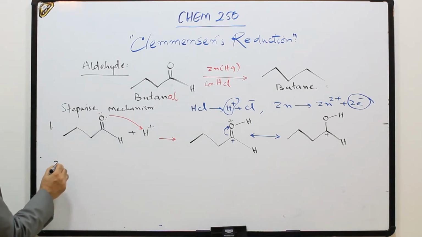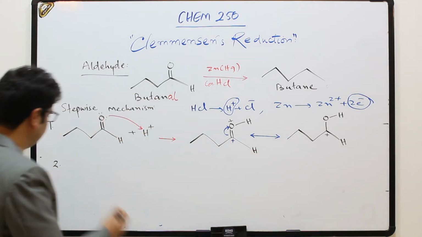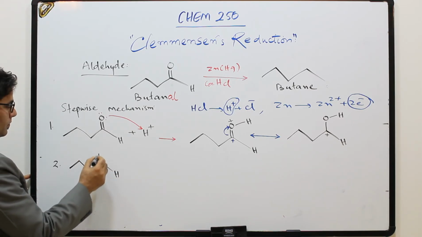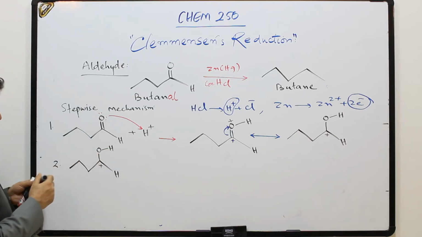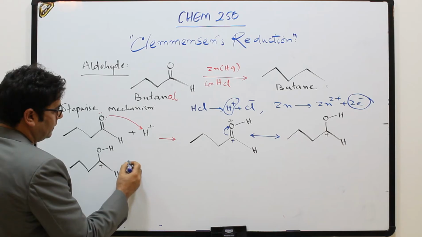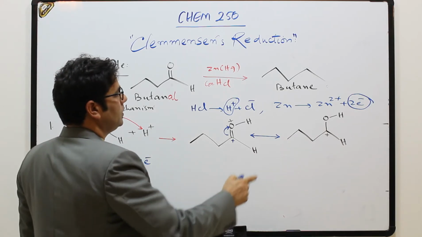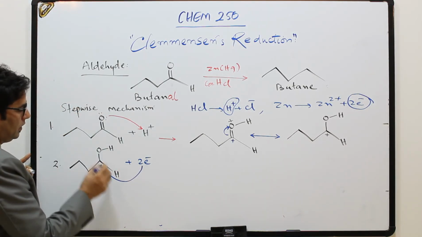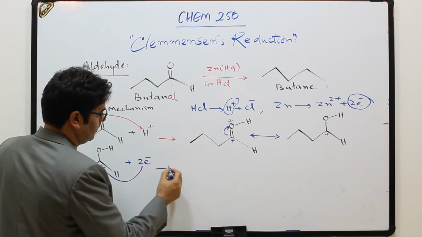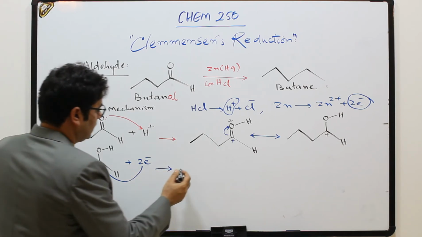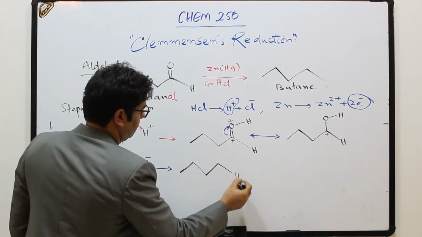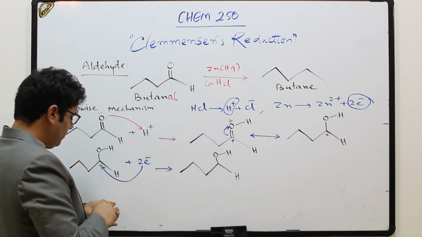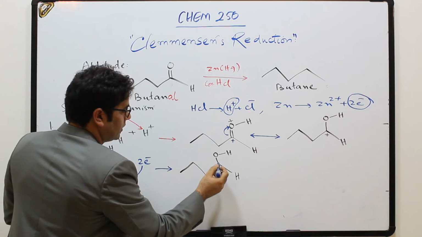Step number 1. In step number 2, take this molecule. It will be attacked by 2 electrons from zinc. They will attack on the carbon. They will complete first valency and they will make it negative. So there will be negative charge on this carbon.